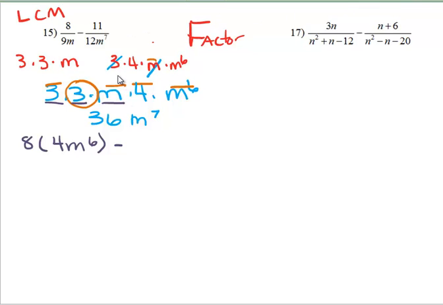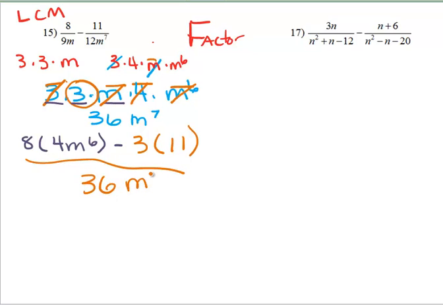Let me just look at that again. I've got the 3, right? I've got the 4, I've got the m to the 6th, I've got the m. So the only thing I have to bump this up by is 3. So 3 times 11. And all of that is over 36m to the 7th.